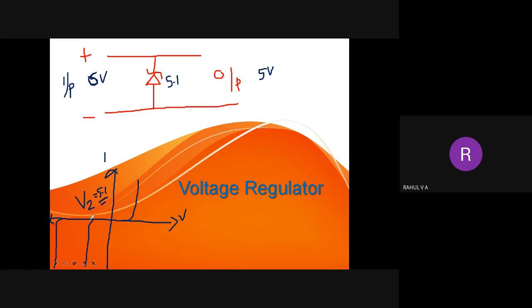Now when the input is 6 volt, breakdown happens and current will start to flow from positive to negative through the diode. And what will be the output? The output of this Zener diode will be 5.1 volt itself. That is the Zener voltage that you will get as output.